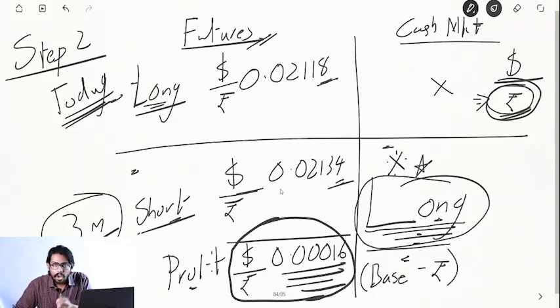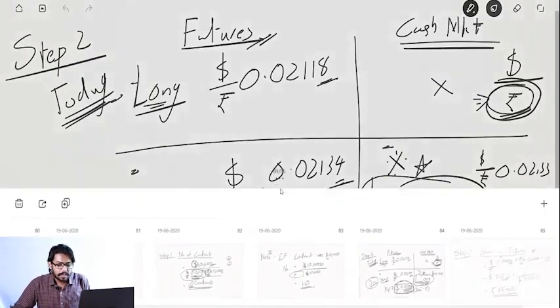Now over here you are long. What is the rate on the due date in the cash market? The spot rate is 0.02133 dollar per rupee. So in the cash market, you are actually receiving dollars, and you will convert those dollars to rupees. Let us write that.